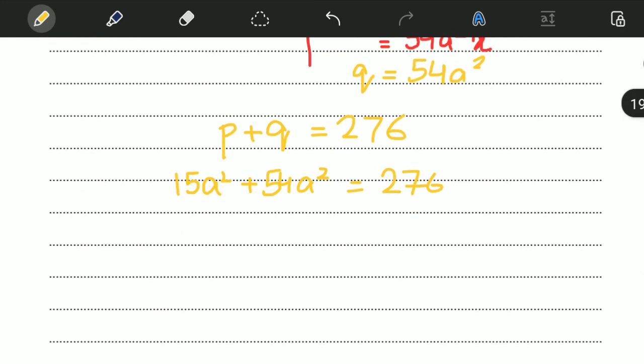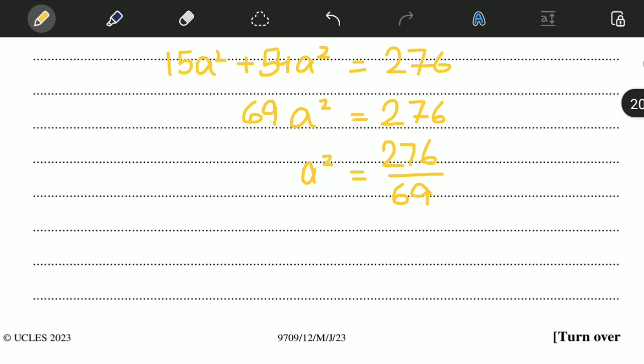So 54 plus 15 is going to be 69a square is equal to 276, and a square is going to be equal to 276 over 69. So this will give you, I guess, 4, and then a is going to be equal to plus minus 2.